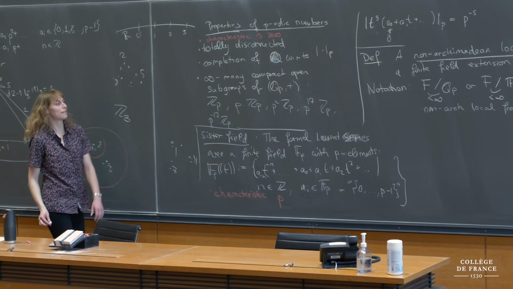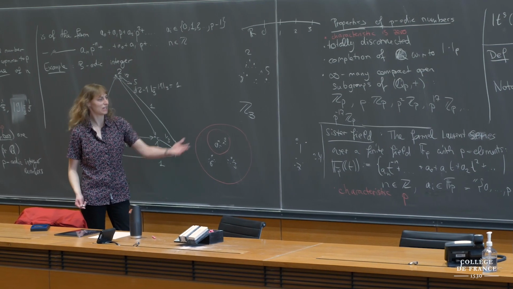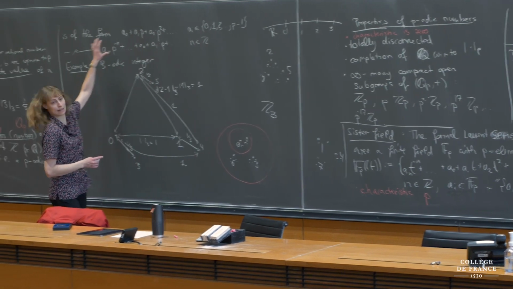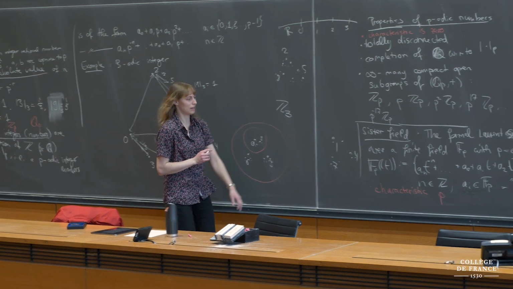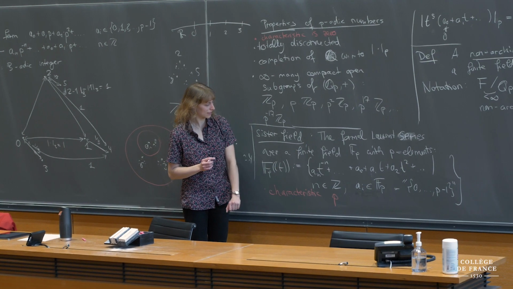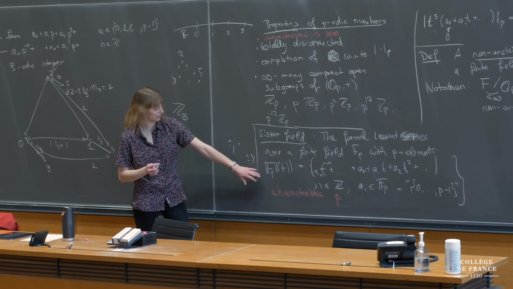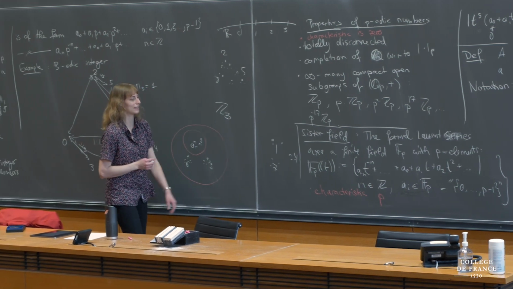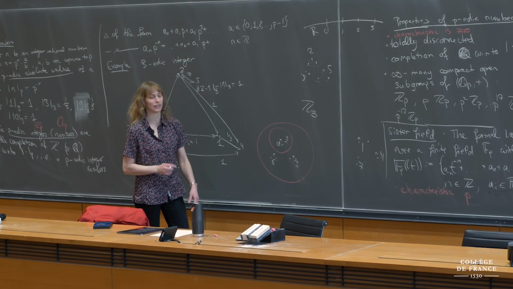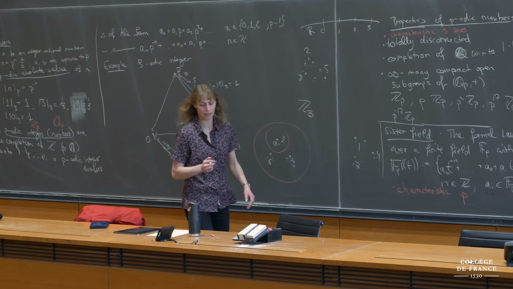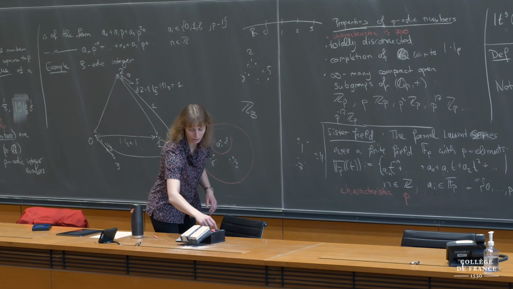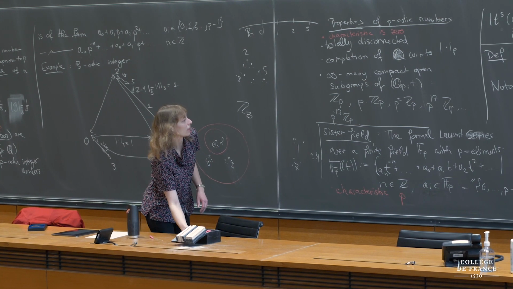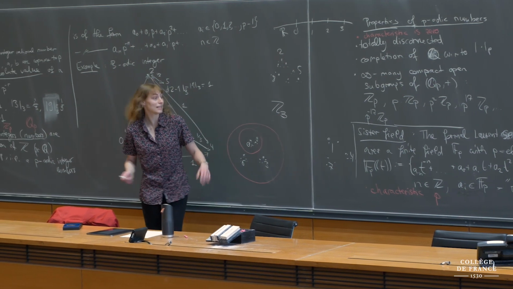So in particular, if this is the first time you see p-adic numbers or Laurent series, just think of the p-adic numbers themselves. Or if you're more familiar with Laurent series, some people work with them where they replace the finite field by complex numbers. Feel free to just think of that field and take your favorite field. All that I'm going to talk about works in all cases. All right, so that's the field.